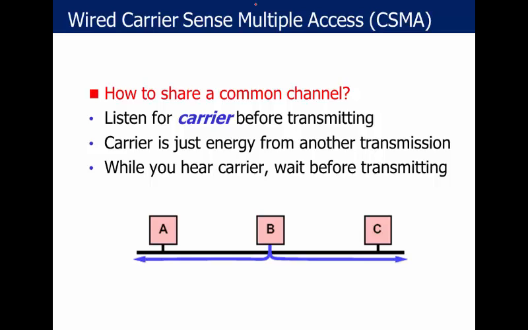How does the network card of your computer or desktop recognize there is a signal and there is no collision? How do they know that? Along the Ethernet, there is a current.